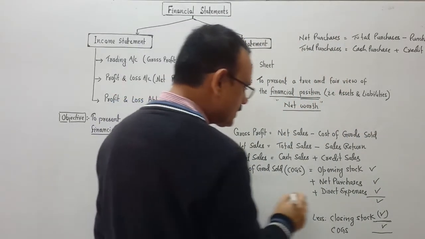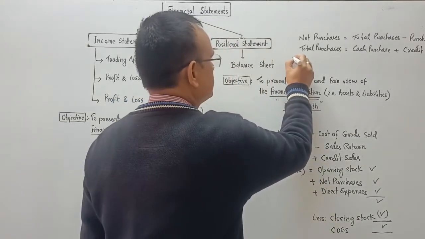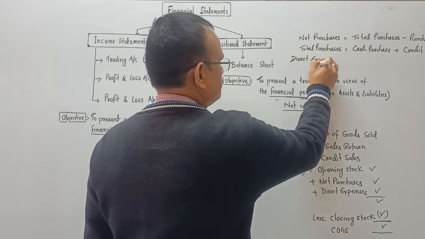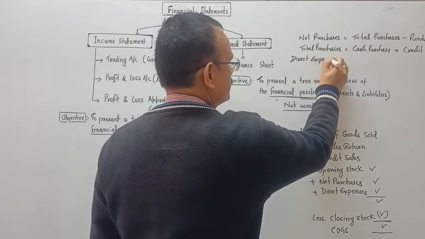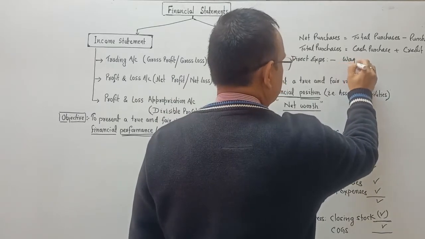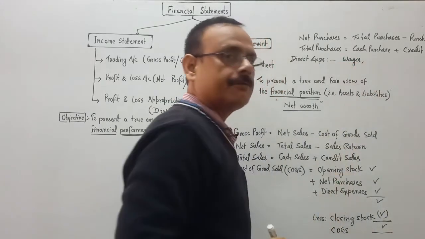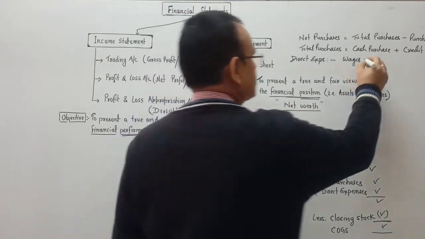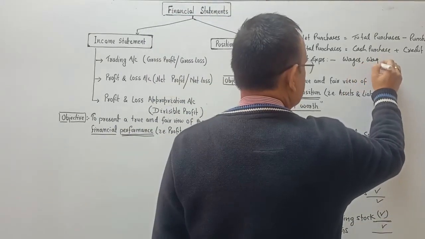Now coming to what is direct expense? Direct expenses are classified into direct and indirect. So direct expenses include wages. It may be productive wages, or wages and salary.